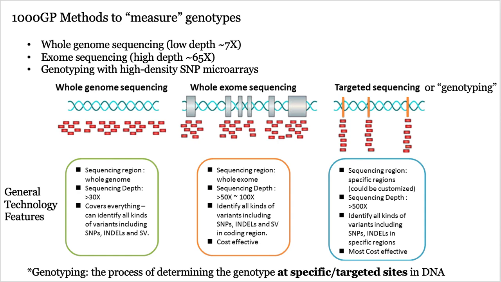For the regions that have coverage, you can find all the genetic variants, but it's just 1% of the genome. The targeted sequencing, similarly, further reduces the cost by focusing on specific positions. So it's most cost effective, but you only get to know variants at the positions that you are interested in.